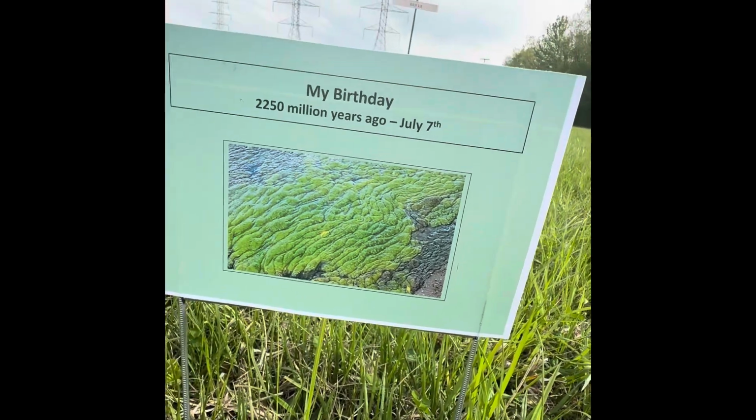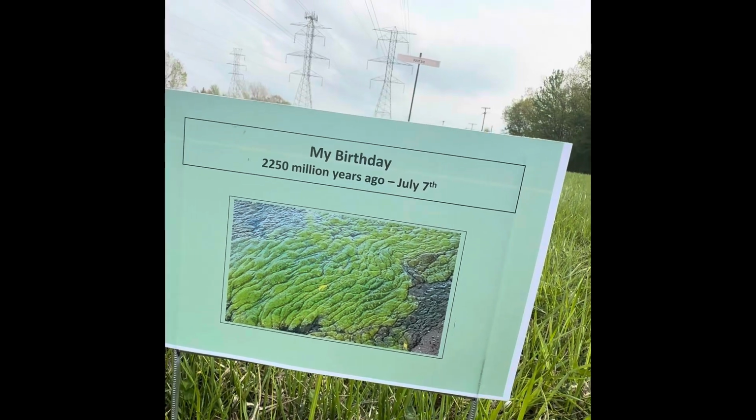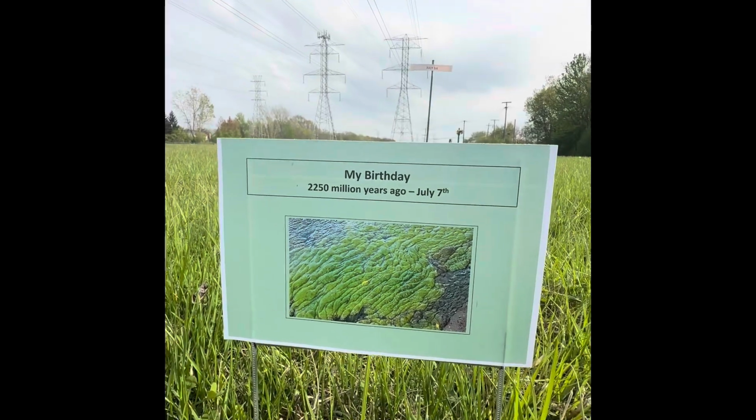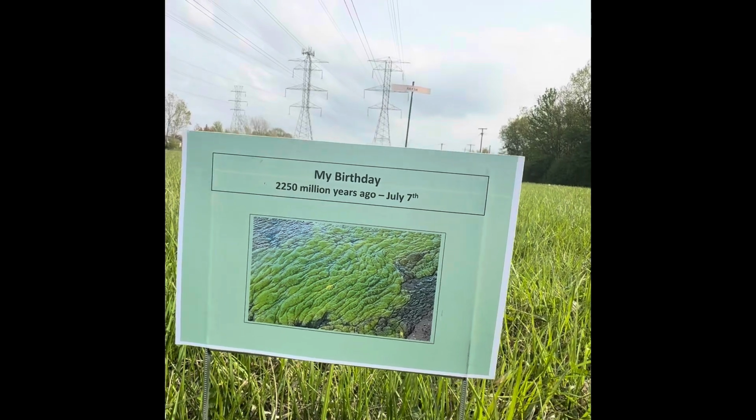I've chosen the picture of that algae there because Earth was undergoing, likely during this time period, what's known as the Great Oxidation Event, which is exactly what it sounds like, when Earth's oxygen levels rose by a significant amount, which is a huge step forward for aerobic life on our planet to then develop further and evolve. Essentially we had these algae and these cyanobacteria undergoing photosynthesis as normal and producing a mass amount of oxygen, and in turn that oxygenated our atmosphere. So pretty cool, and it's my birthday, so pretty big event.